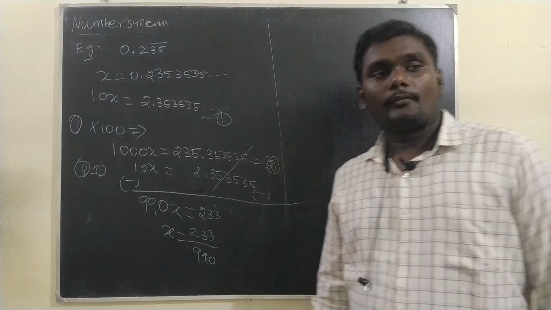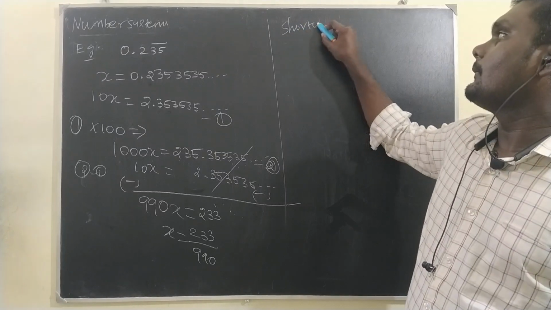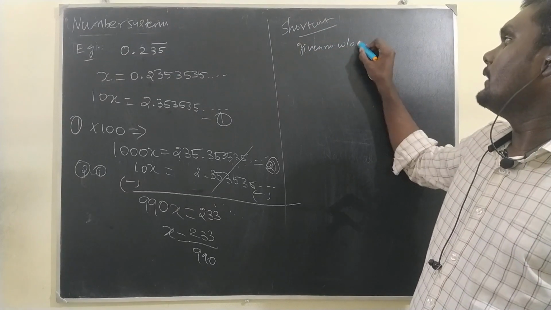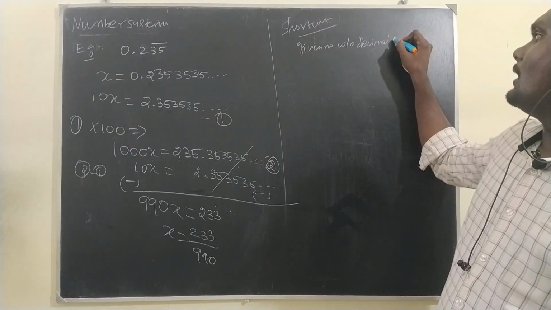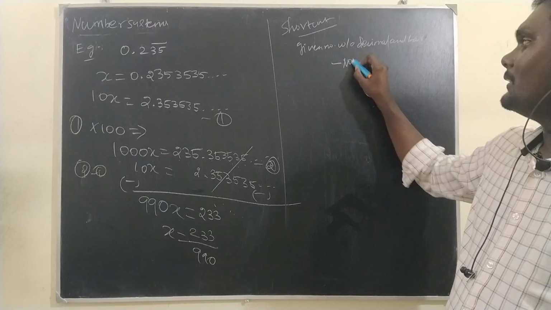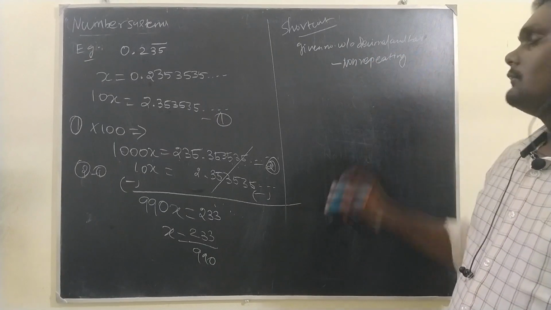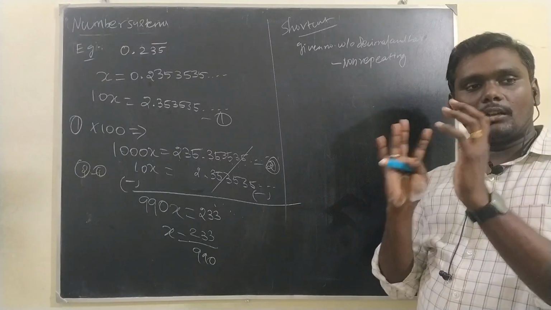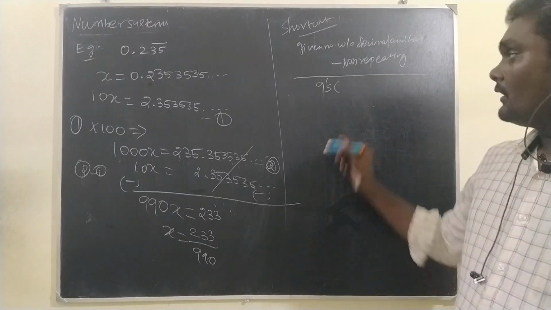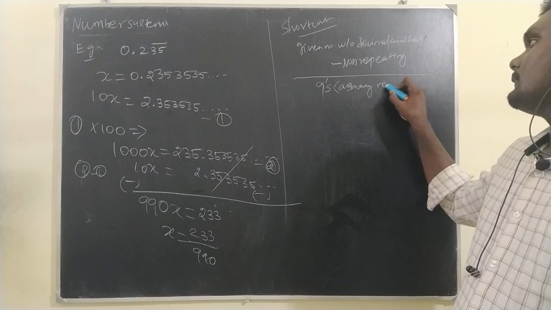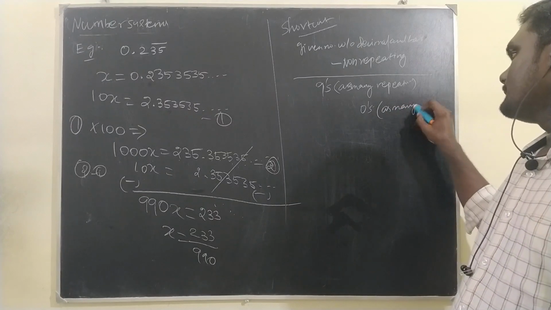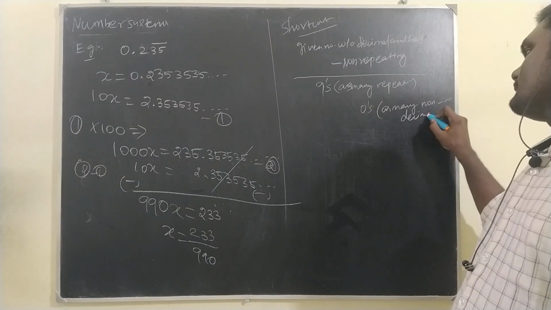Simply take the given number without the decimal point and bar, minus the block of non-repeating numbers, not only decimals but all the non-repeating numbers, divided by nines. As many nines as repeating decimals, and after that zeros, as many as non-repeating decimal places, not all the numbers.